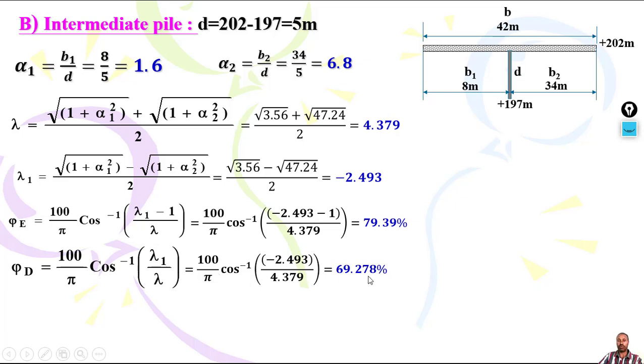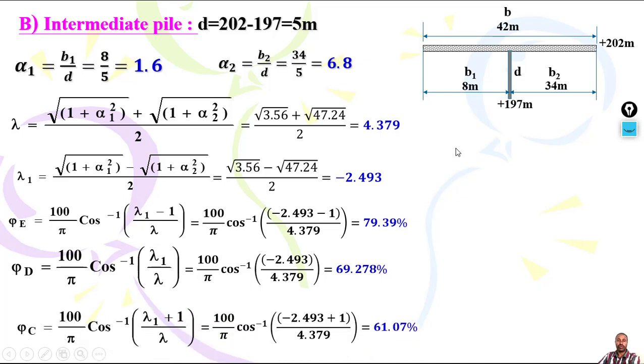Then you get 59.278. So we are calculating at the depth d1. At the depth d, what will be phi D? And then you have again E, D, and C. So phi C is 100 over pi times cos inverse of lambda 1 plus 1 over lambda. You get this result.